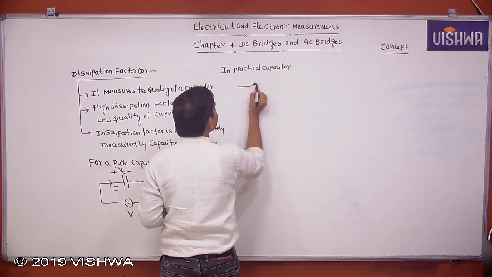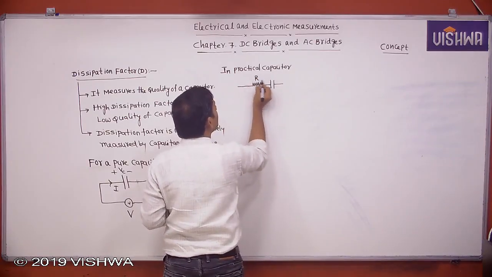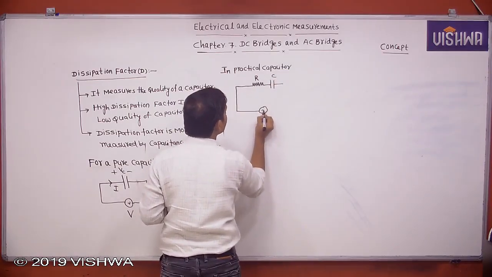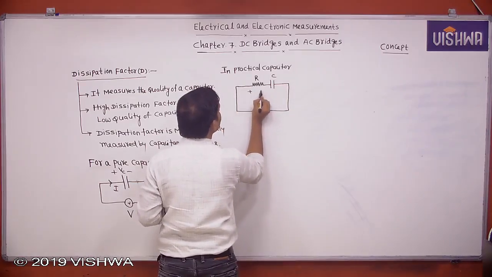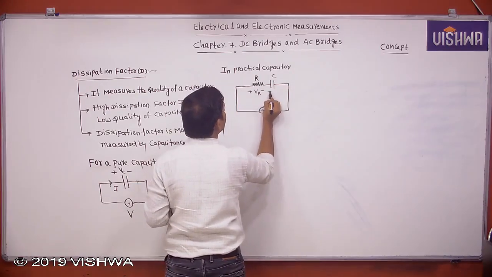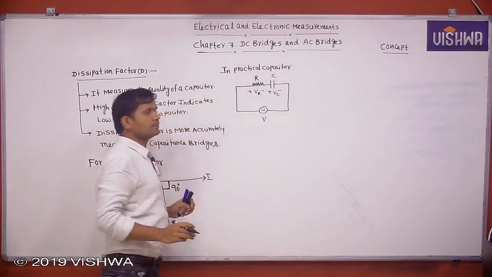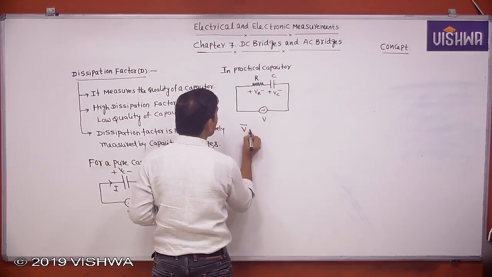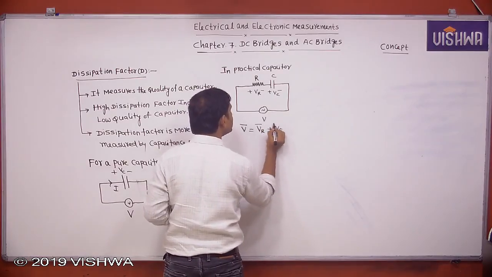Let this be the resistance of the capacitor, R, and this is the capacitance, C. Now we give the supply voltage V. Let the voltage across the resistor be VR and the voltage across the capacitor be Vc. Now, can you tell me what the resultant V equals? VR plus Vc. This is not an arithmetic sum, it is a vector sum.